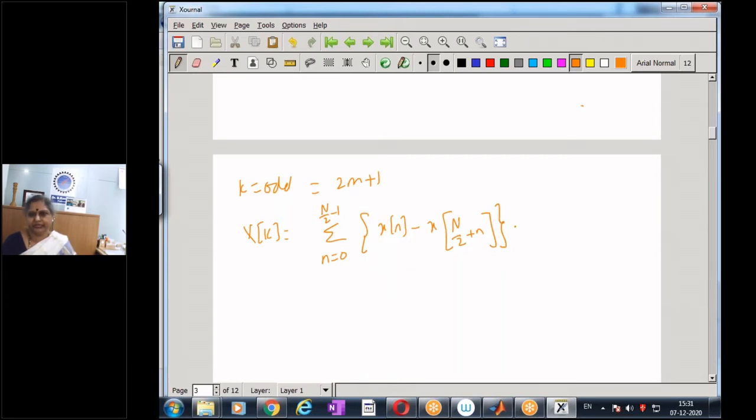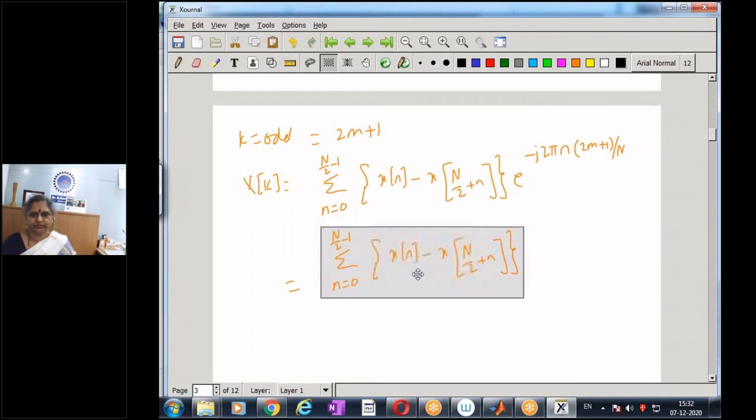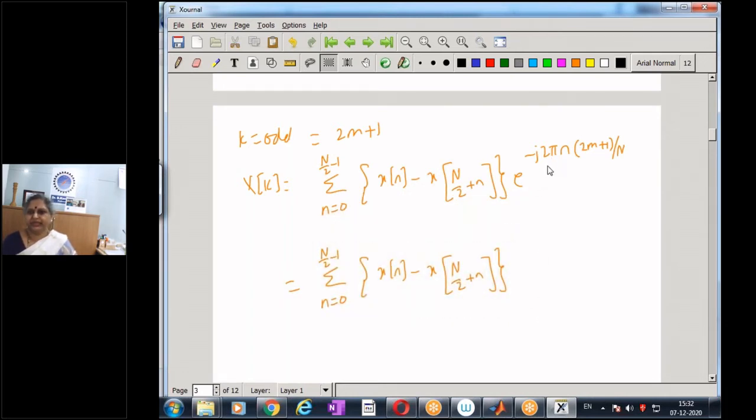And then I have a term e to the power of minus j 2 pi n k, what is k? 2m plus 1, by N. Now I can write this as e to the power of minus j 2 pi n 2m by N. So I have one term which is given by e to the power of minus j 2 pi n m by N by 2, very similar to what we had earlier, and there is one more term.